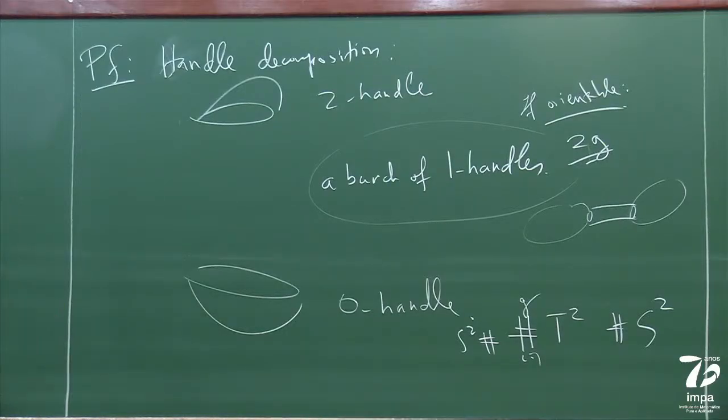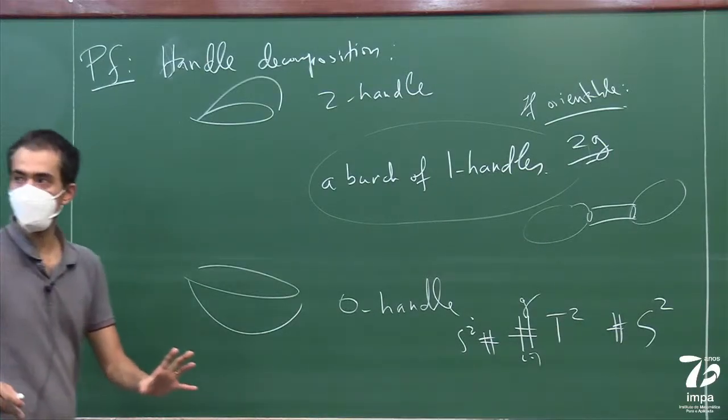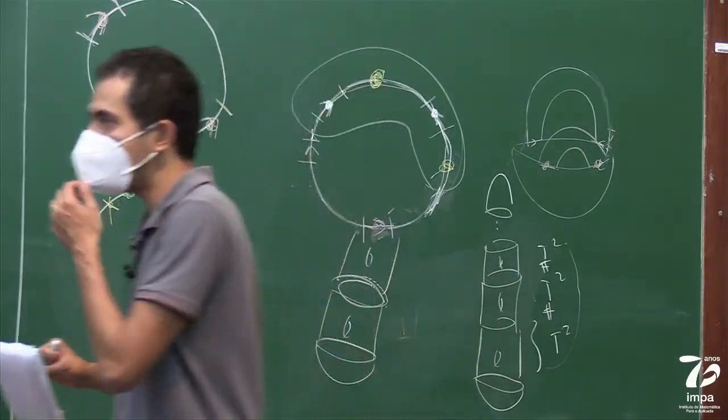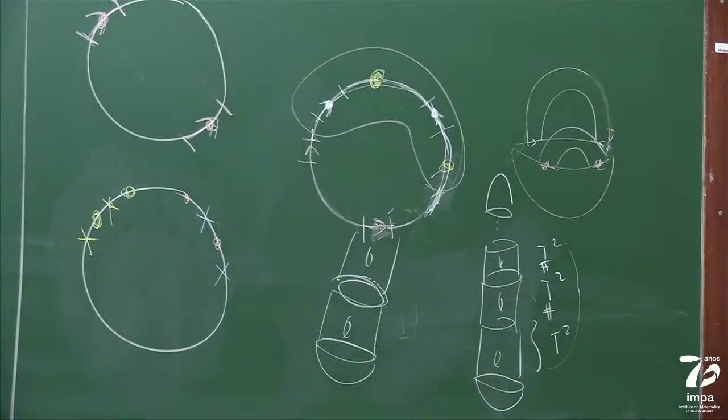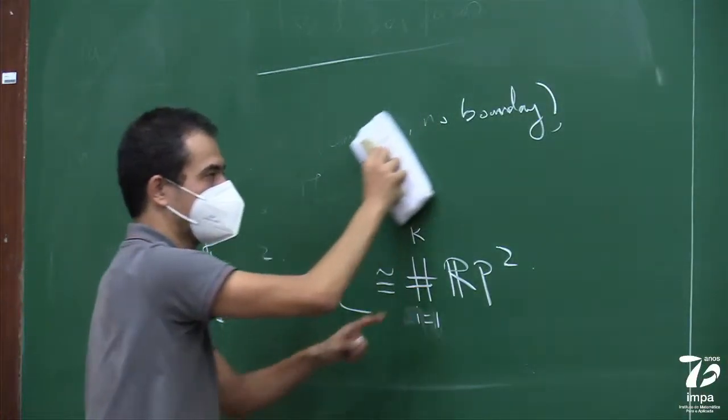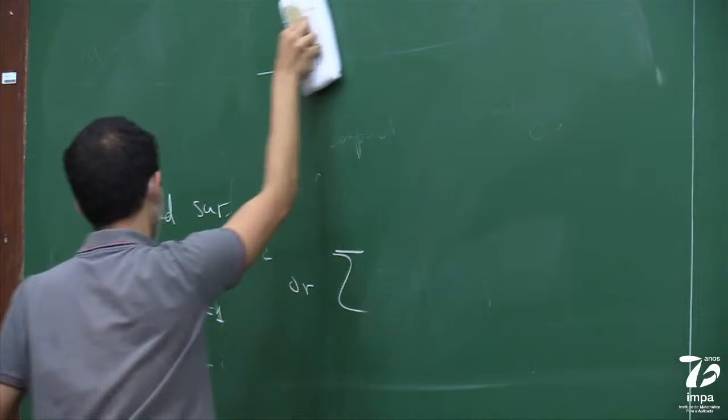Okay, so that's for orientable surfaces. And now if I allow my surface to be non-orientable, then I have to see what happens. In a way, it's easier, at least it's easier to see how to construct the non-orientable surface that comes with K RP2s.